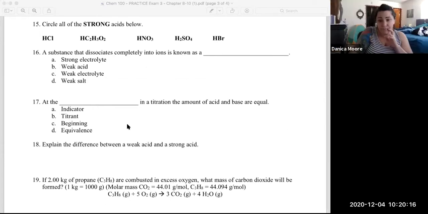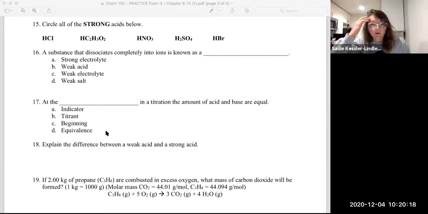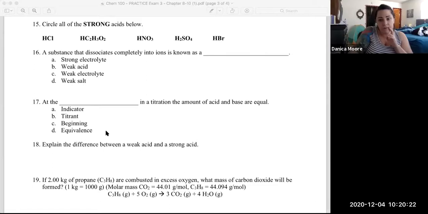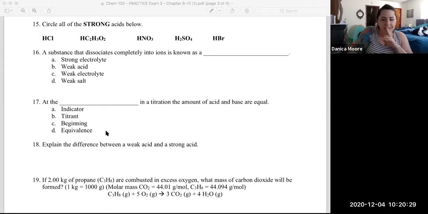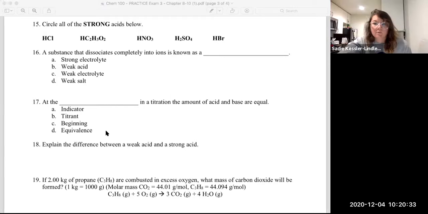Did we go over titration in lecture? Or is that only from lab? Just from lab. Okay, but we'll have titration problems on the exam? You will, but like the solutions quiz, you had a titration problem on that one, right?